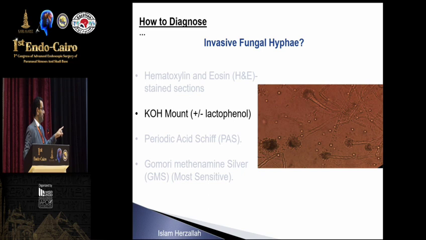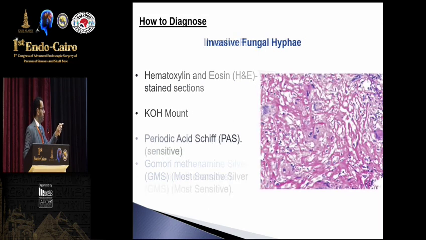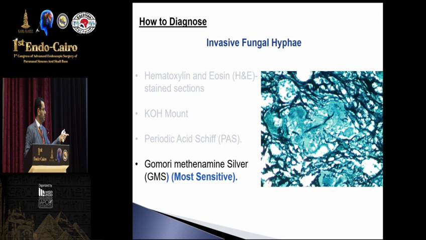It's not that sensitive. If you request your pathologist to use PAS or a silver stain, GMS, then he might find the invasive fungal hyphae that are not seen by the H&E.